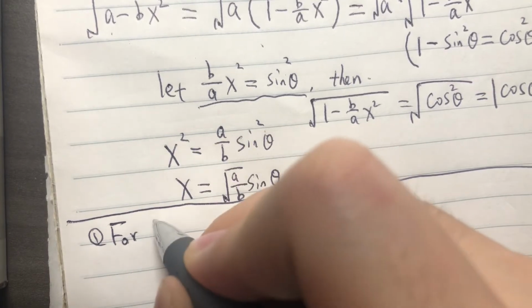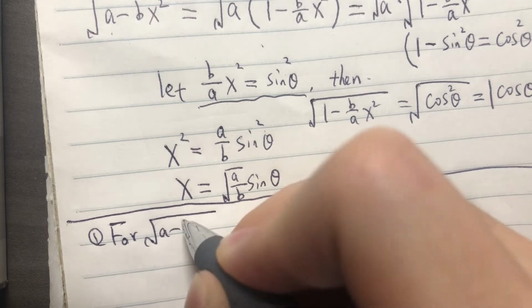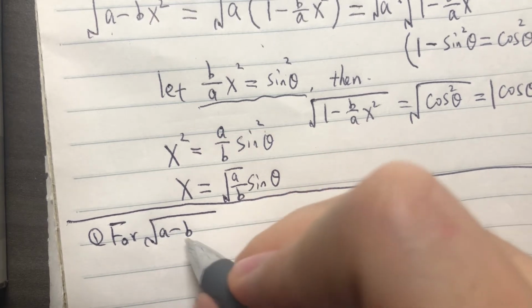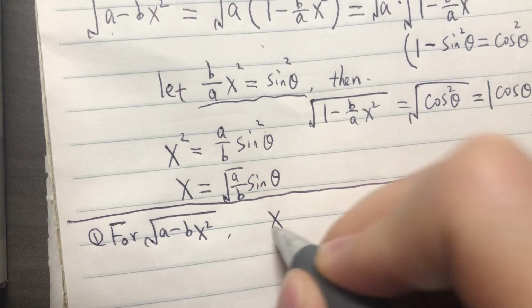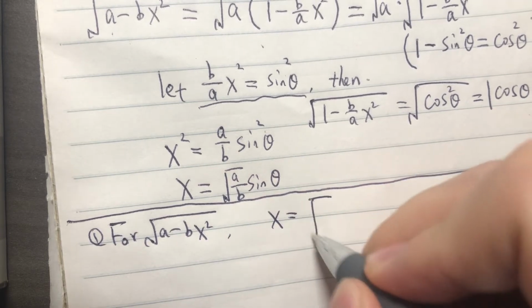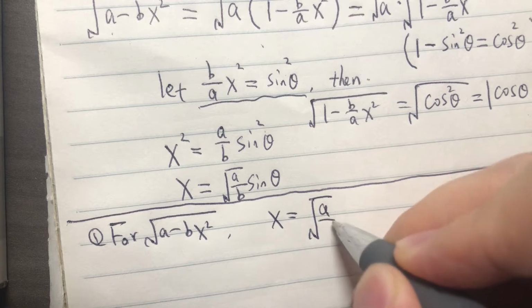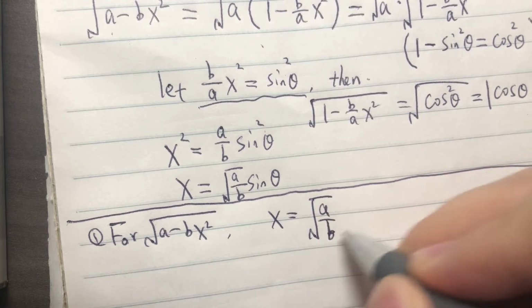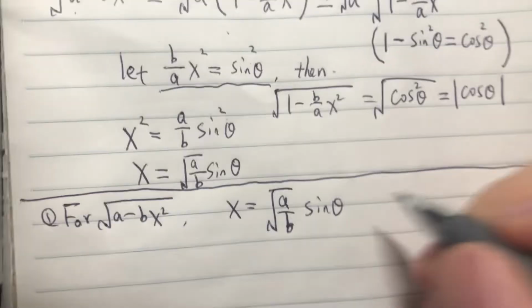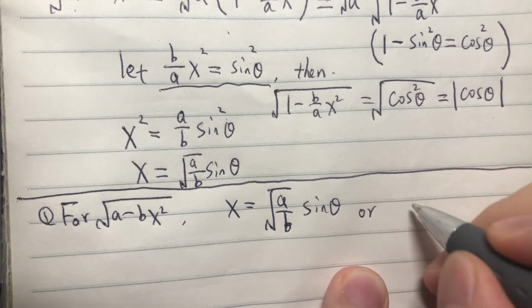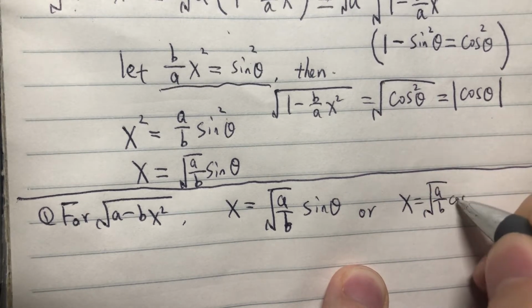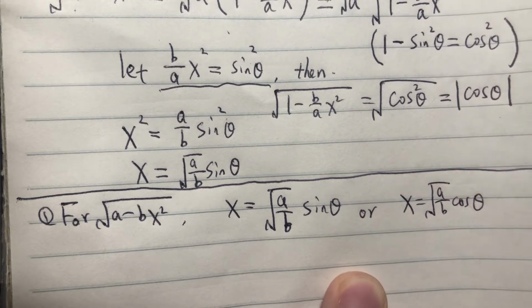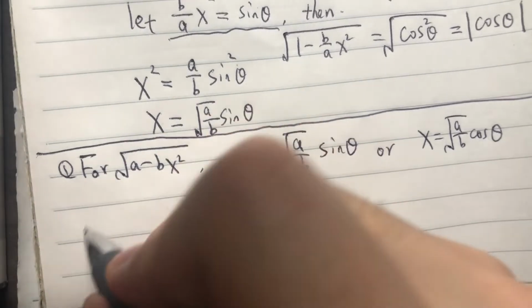Okay, for this form, square root of a minus bx squared, we use x equals square root of a over b sine theta, or x equals square root of a over b cosine theta. They both work.